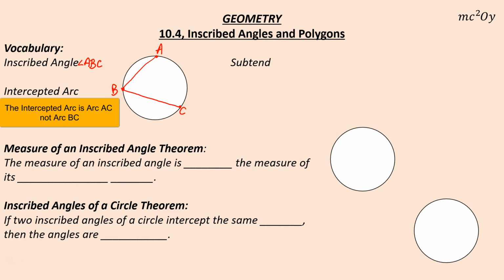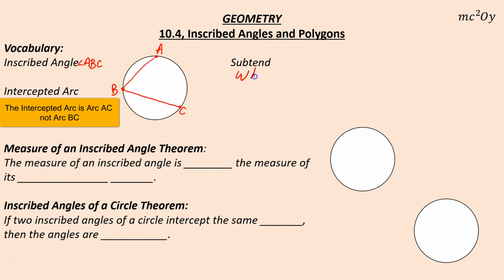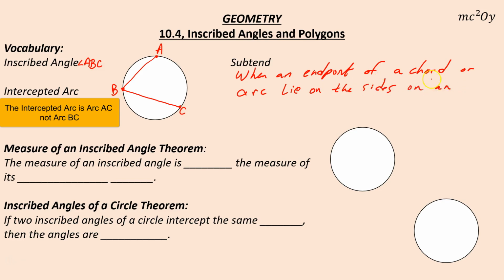So subtend means when an endpoint of a chord or arc lie on the sides of an inscribed angle.